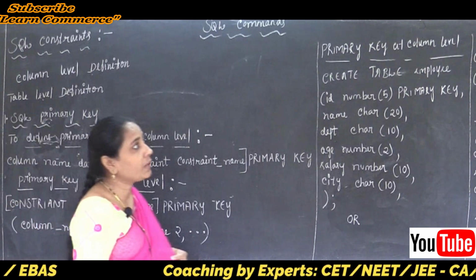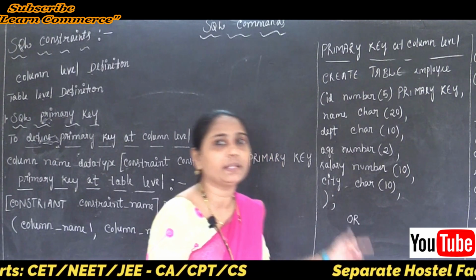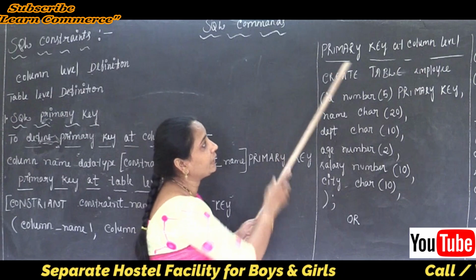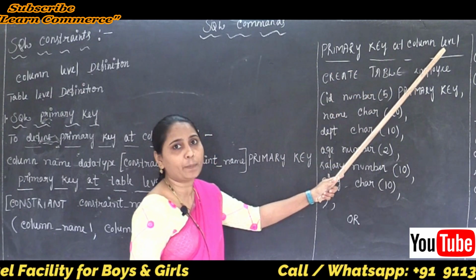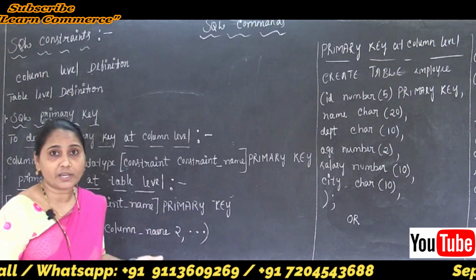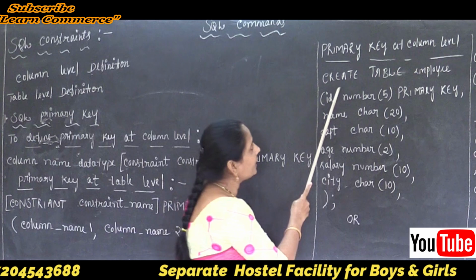Now, after completing the syntax for the primary key at column level and table level, the next thing is the primary key at column level. This is the example of how we are going to create the table and how we are using the primary key constraint.